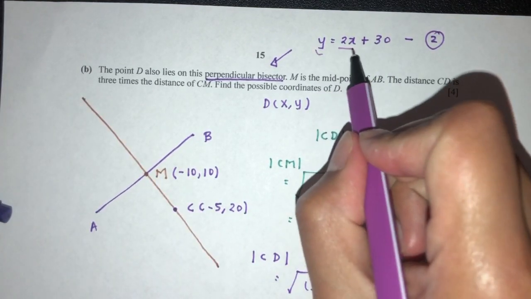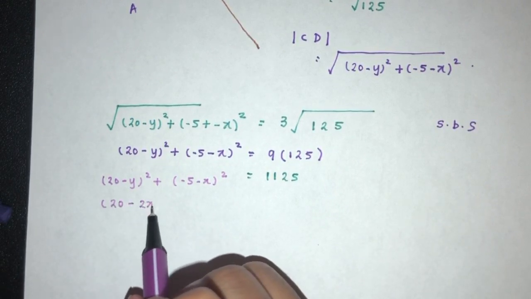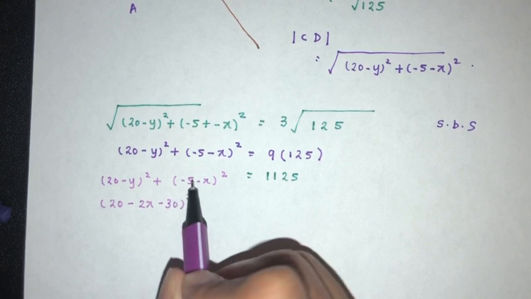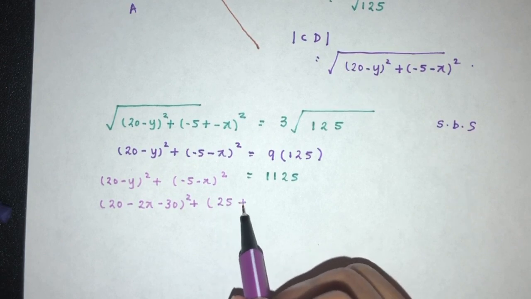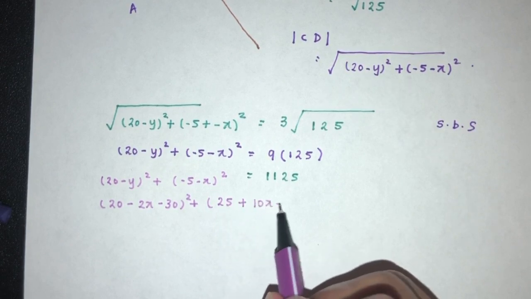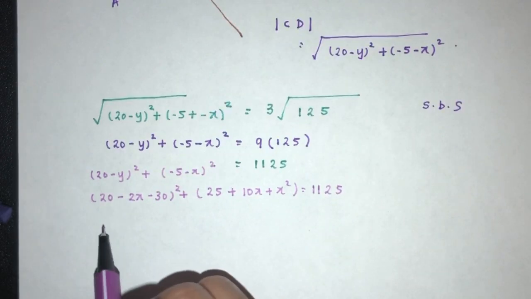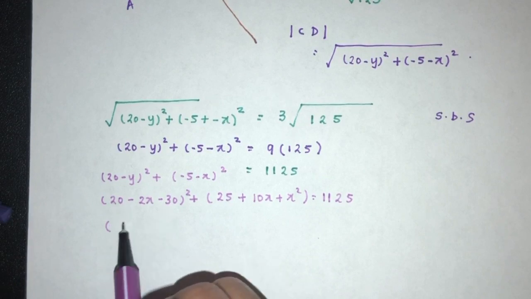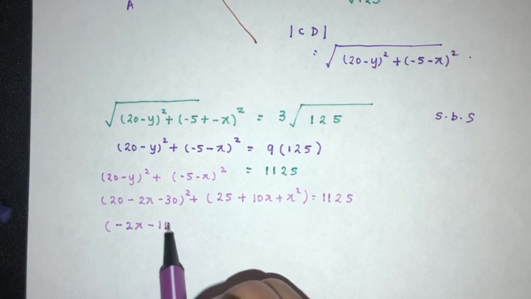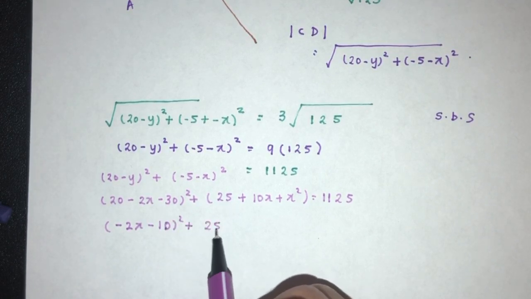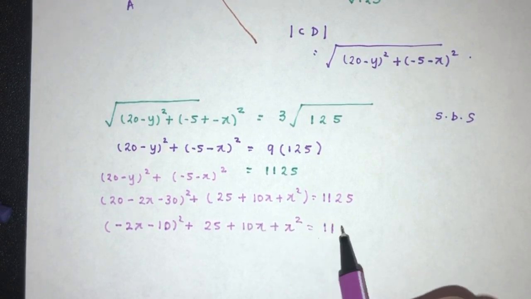Let's replace y by this. So you will have 20 minus y will be 20 minus 2x minus 30. Then we can expand this one. That will become 100 plus 40x plus 4x squared, plus 25 plus 10x plus x squared, which has to be 1125.